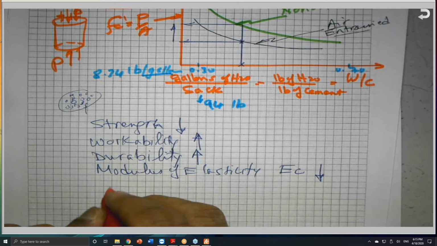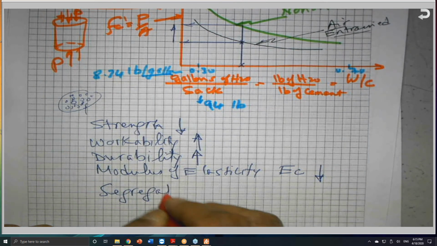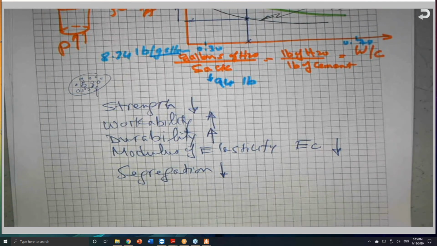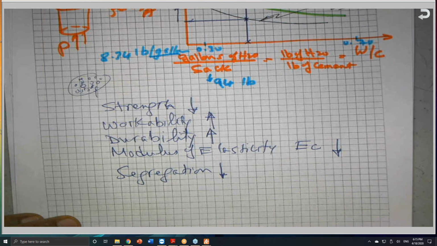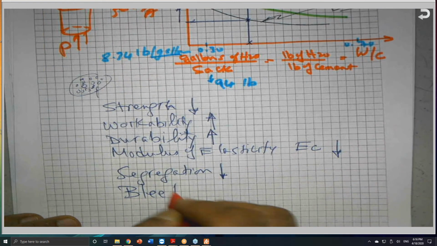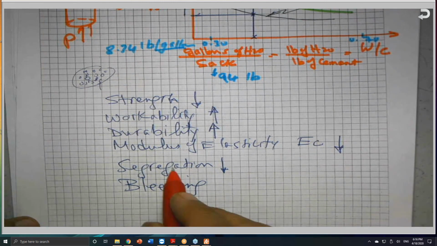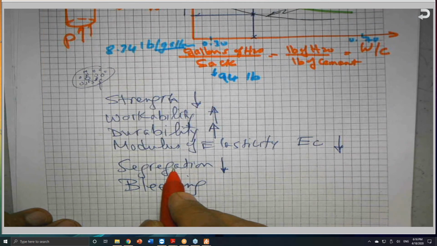What about segregation? Segregation, which is the separation of the mix, will go down. What about bleeding? Bleeding is the result, or the outcome, of segregation.